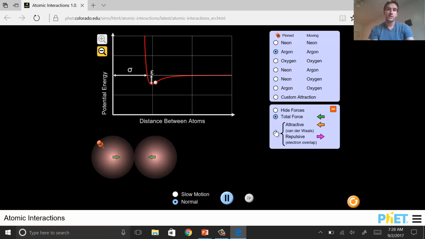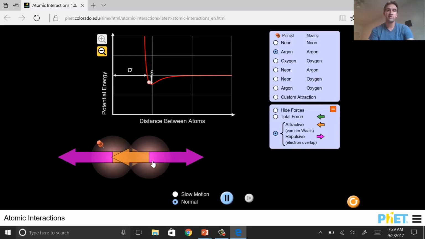We can split that up into both attractive and repulsive forces, and you'll notice that as they get closer and further apart, there's going to be this stability. We increase the attractive forces, but we also increase repulsive forces, and they need to be balanced in order for it to be stable. So the arrows have to be identical, they have to be the same length.